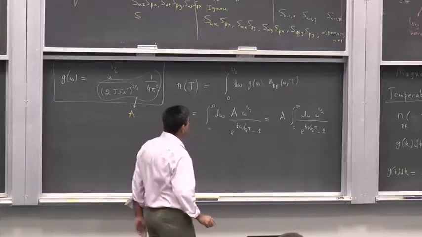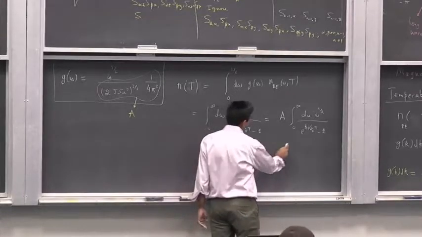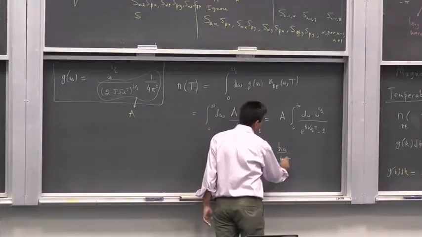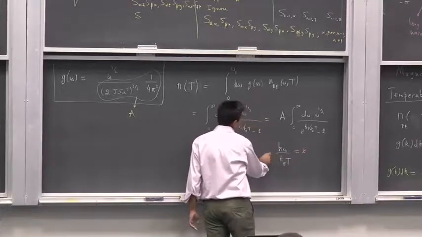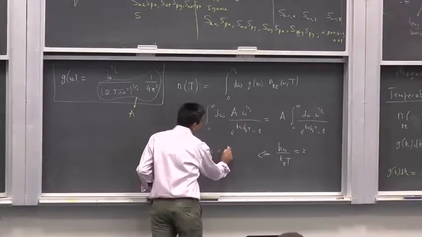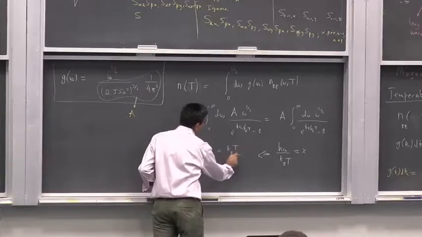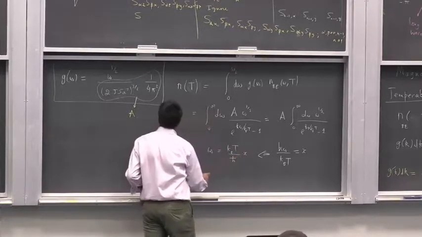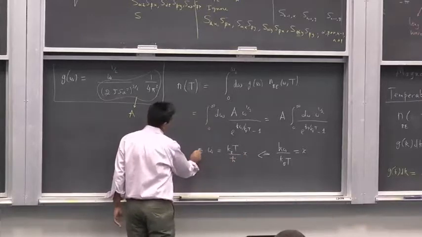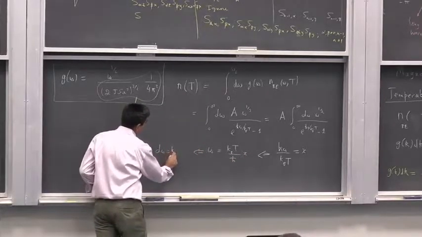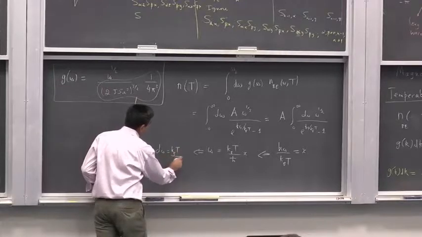All right. Now what I could do is take h bar omega over kBT equal to x. This would mean omega is kBT over h bar, times x. This would mean my d omega is kBT over h bar dx.